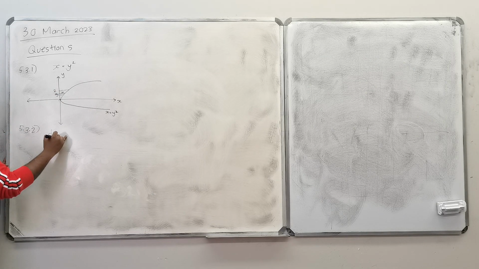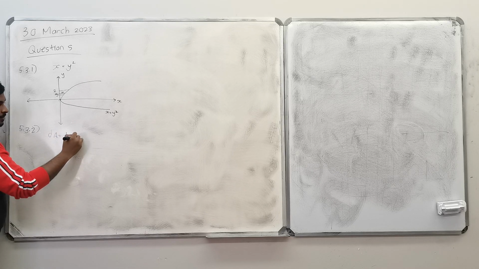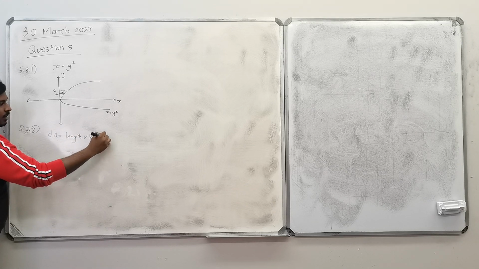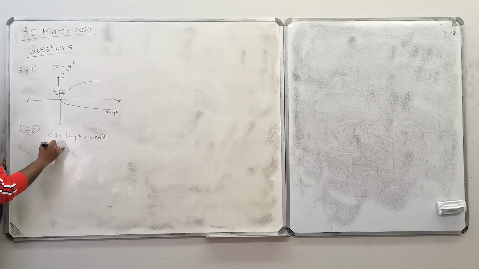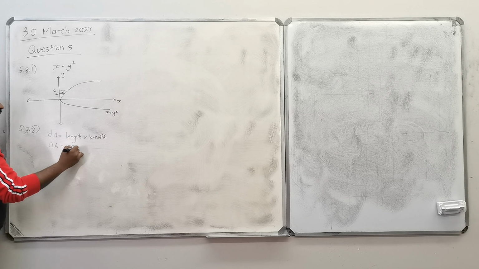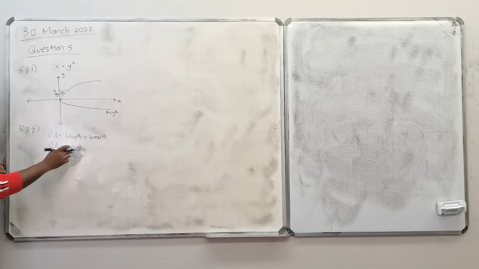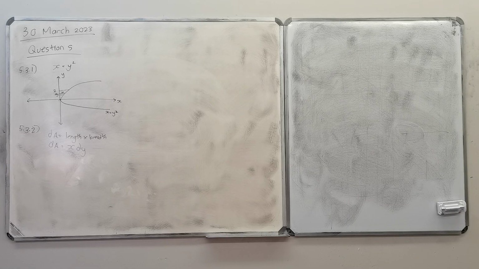Remember, yesterday we said dA, the area now, will be equal to length times breadth. dA is now equal to, the length is x, times dy. But so now we're differentiating with respect to y.